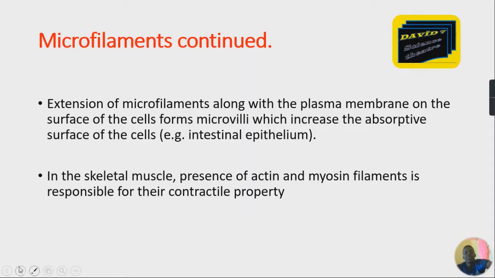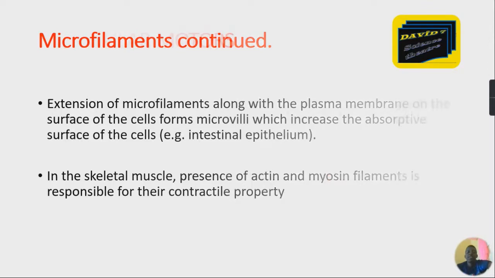In the skeletal muscle, presence of actin and myosin filaments is responsible for their contractile property. Muscles are capable of contracting because we have the microfilaments present, which later form sarcomeres, which will expand or reduce to cause contraction of the muscle, okay?